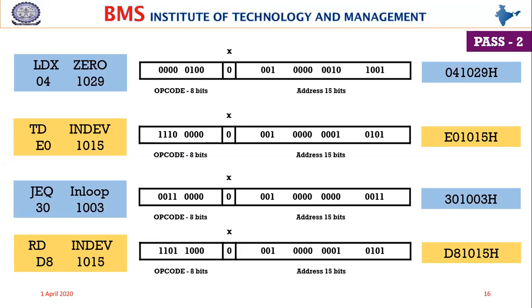So the object code will be D81015. This is actually the role of your pass. It converts the mnemonic to opcode and the operand to address, which is very simple if the addressing mode is direct. But it is a complicated task when the addressing mode is of a different category. We'll see those variations too.